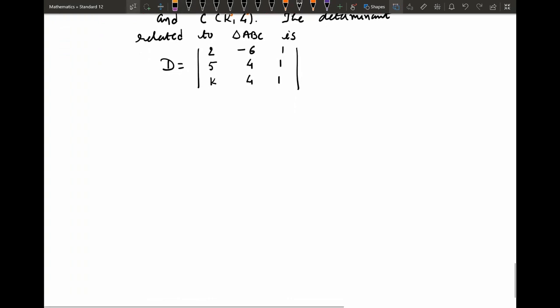Now we simplify this. Let us expand this determinant using the first row.